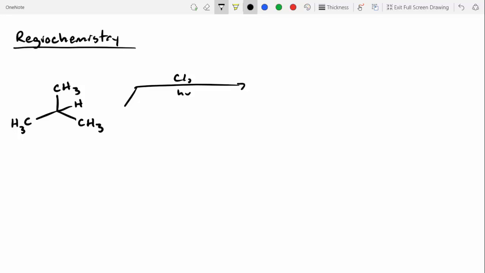The major product will have this chlorine coming off of that internal carbon, and if you run this experiment, this will be present in approximately 72%. The reason being that this hydrogen, if it's abstracted, forms the most stable radical. None of the other hydrogens form a tertiary radical.